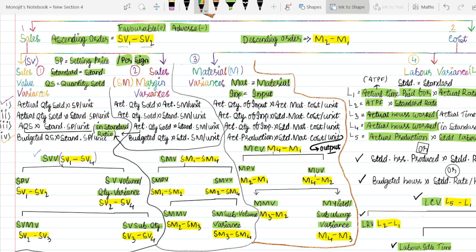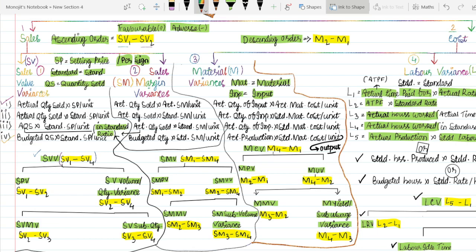Sales value 1 minus sales value 2, and this part is divided into sales price value and sales volume or quantity variances. Sales price value is sales value 1 minus sales value 2, and sales value volume or quantity variances is sales value 2 minus sales value 4.